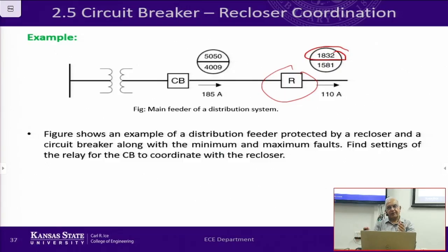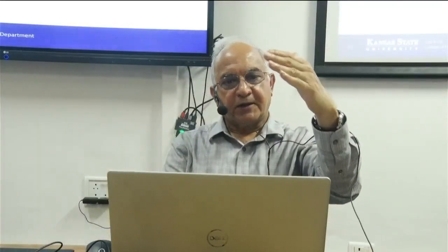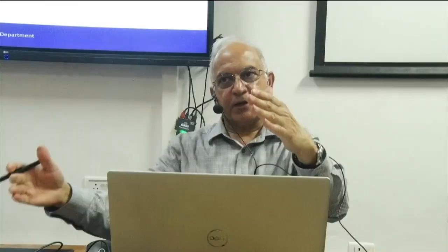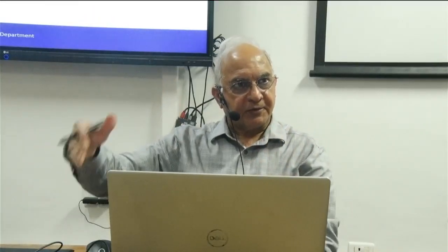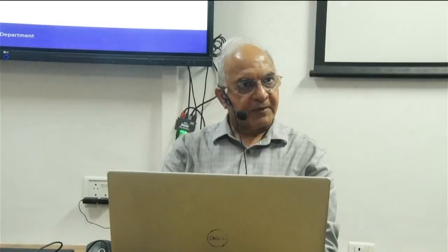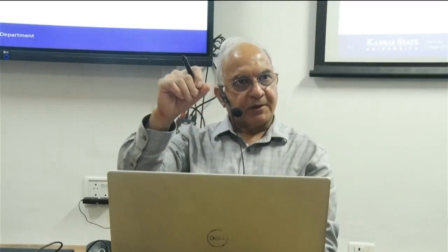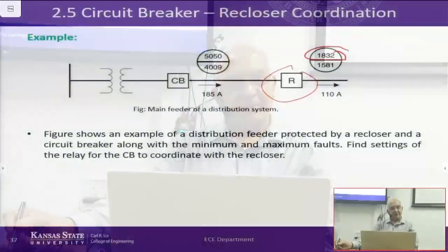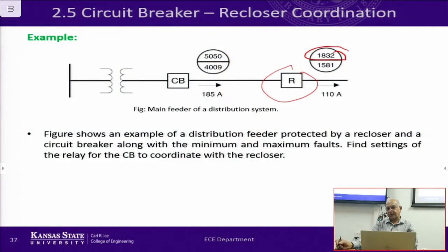So always the key thing is that for maximum fault currents, there should be a gap between the operation time of the device that is downstream and the one that is upstream. Otherwise, if the upstream device operates faster than the downstream device, you get miscoordination.